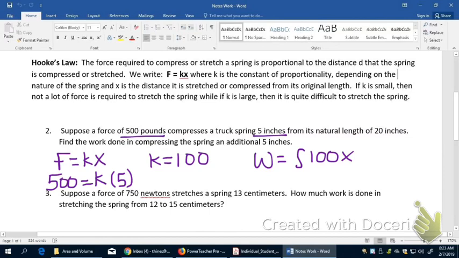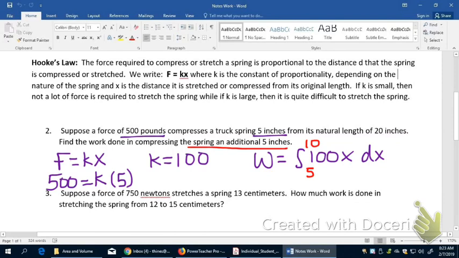All right, and then let's figure out what numbers should be on the integral. It says find the work done in compressing the spring an additional 5 inches. So it's already at 5, and we want to go 5 more, so it would be 5 to 10. And there should be a dx here.